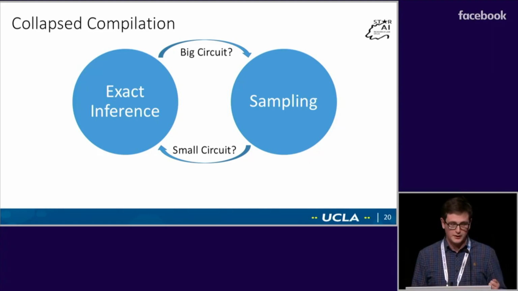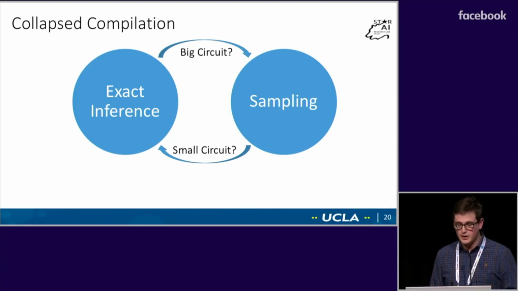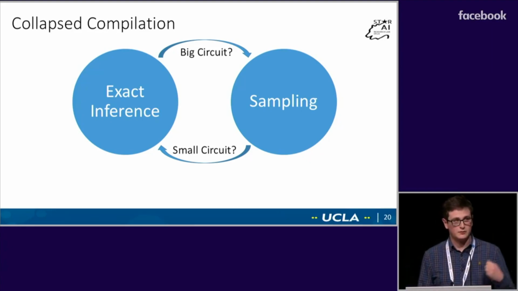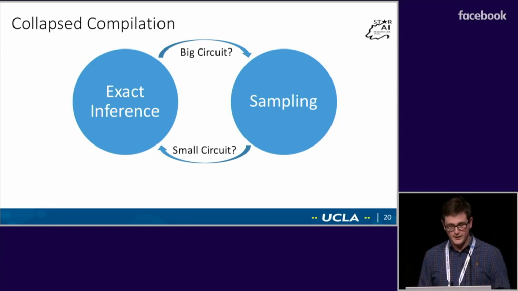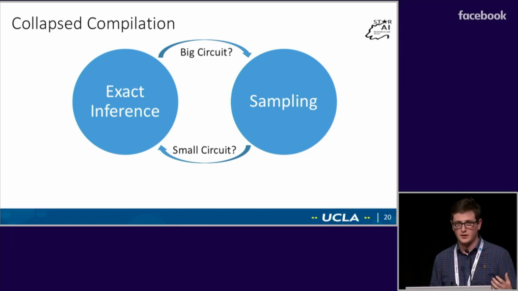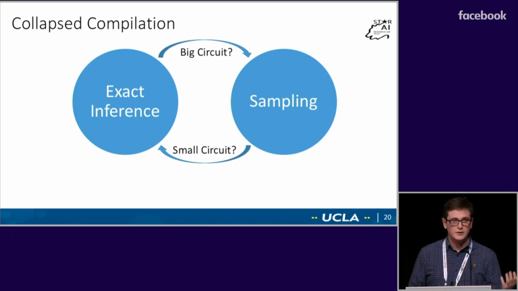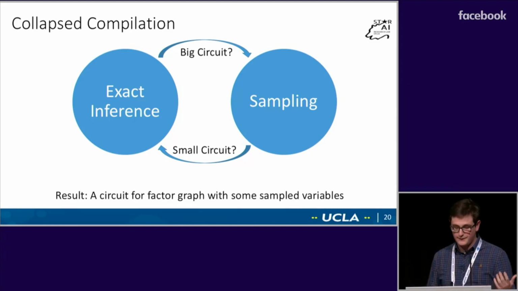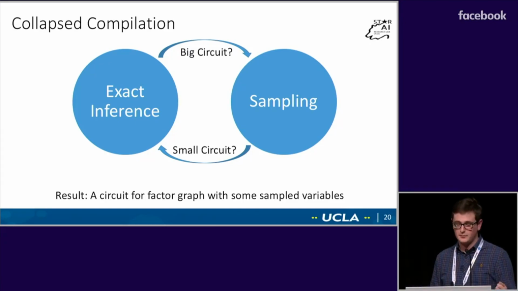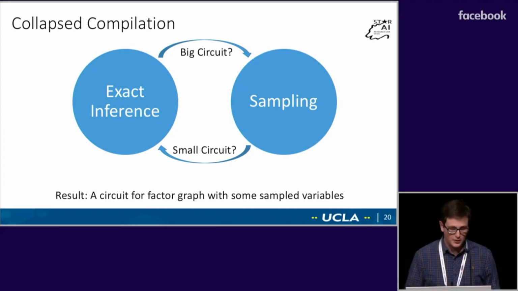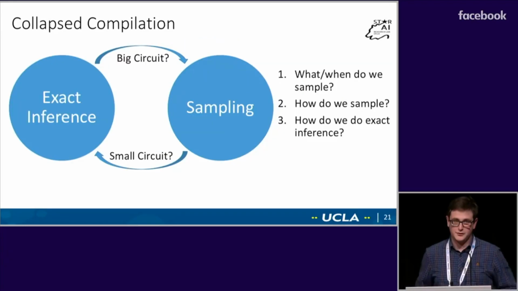Whenever the circuit gets to be too big, we move to our sampling phase where we pick variables to sample and then pick values for them. And whenever the circuit is again small enough, we go back to doing our exact inference. So we continue doing this until we've considered the entire factor graph. And what comes out of it is a circuit representing the factor graph where some of the variables have been sampled.